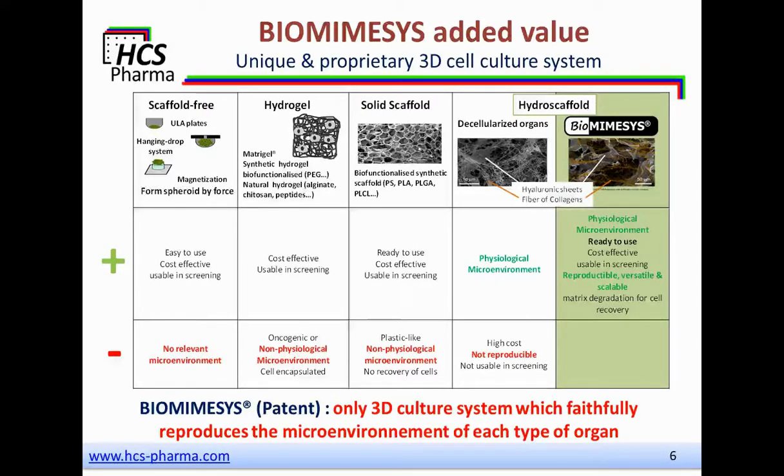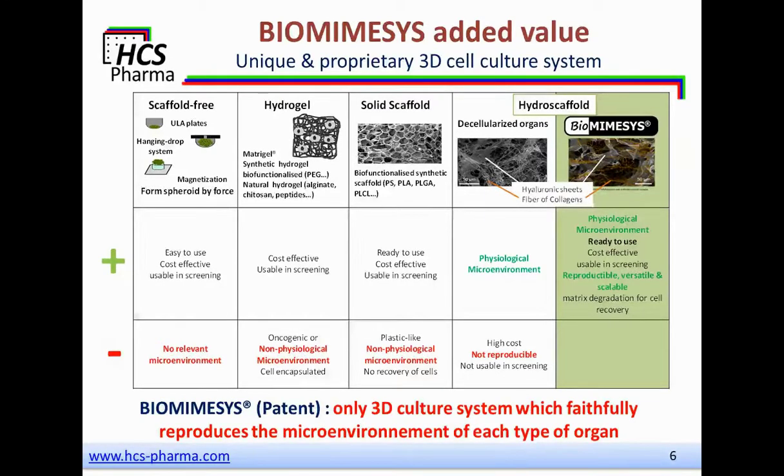The second kind are solid scaffolds based on synthetic plastic-like polymer such as polystyrene and other polymers. The systems present a cost and ready-to-use advantage. The limitations of this system are the absence of specific cell matrix interaction and the difficulty of their use in imaging systems.